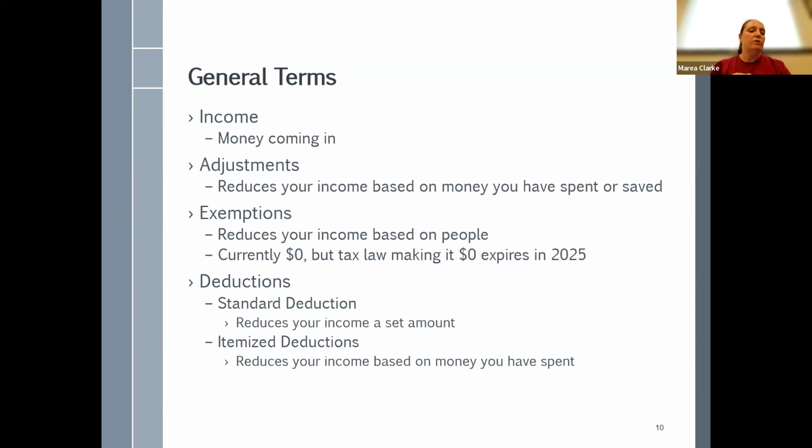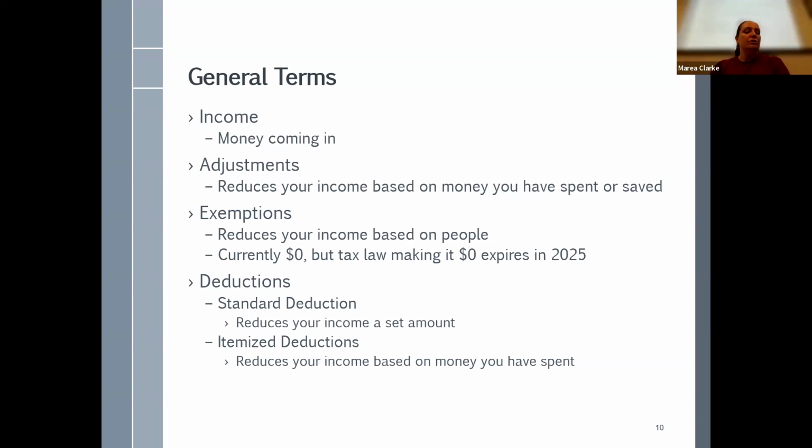An exemption reduces your income based on people. It is currently at a 0. However, the tax law that makes it 0 is currently set to expire in 2025. So who knows what will happen in the future? It may change, it may not, but for now, there's no money off taxes for people. That may change in the future.